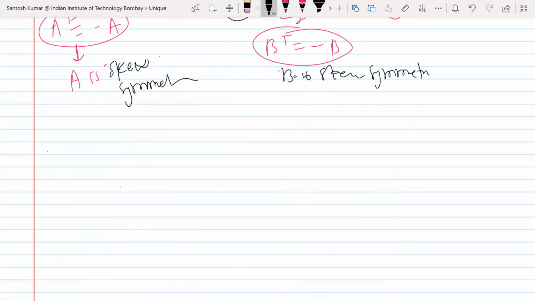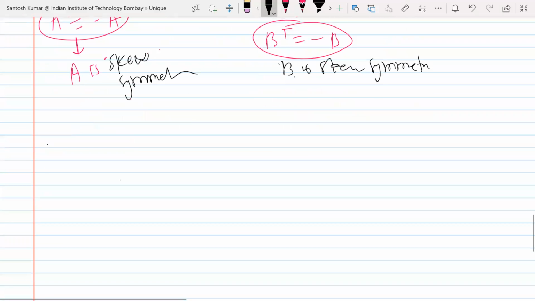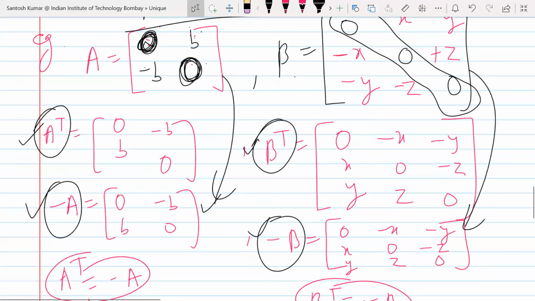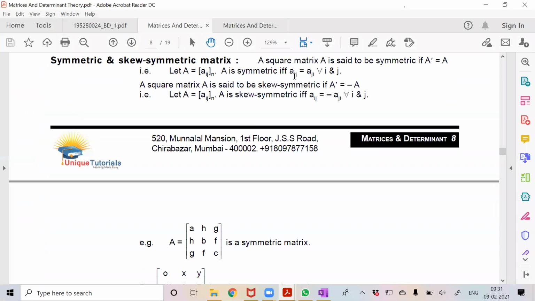Okay, so next. Let me discuss more. A square matrix A is said to be symmetric if A transpose is A. So symmetric means Aij will be equal to Aji.